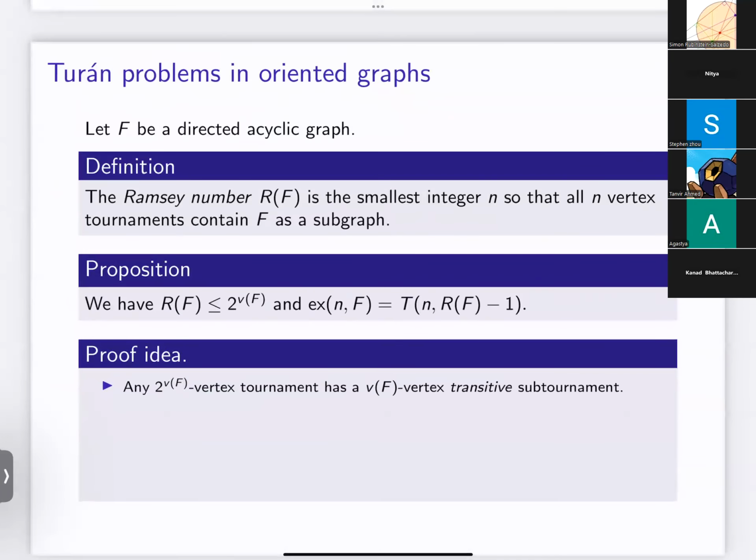This is a fact I'm not going to prove now, but you can check that any tournament with 2 to the v(F) vertices will have some transitive subtournament of size v(F). What that means is that suppose I have a tournament with 2 to the 6 vertices, 64 vertices. Then within those 64 vertices, which are all connected by edges pointing in some directions, I can find 6 vertices so that there's some way to relabel the names of the vertices where all of the edges amongst those 6 vertices go from smaller to bigger.